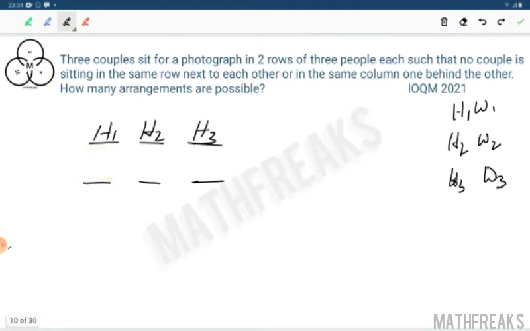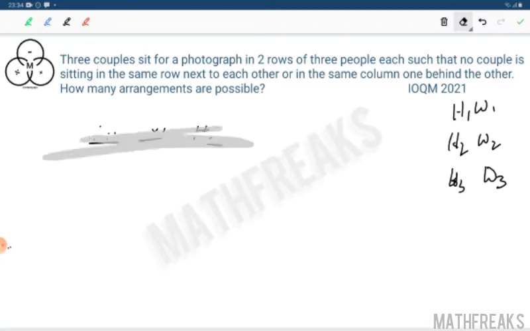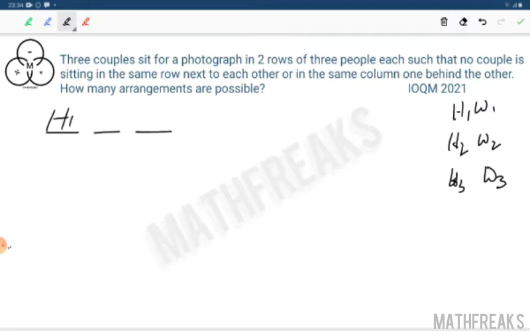Or this arrangement also is not possible. W1 cannot sit here also. So we have to think for certain cases. Possibly the first case can be that all the males are sitting together in a row: H1, H2, H3.